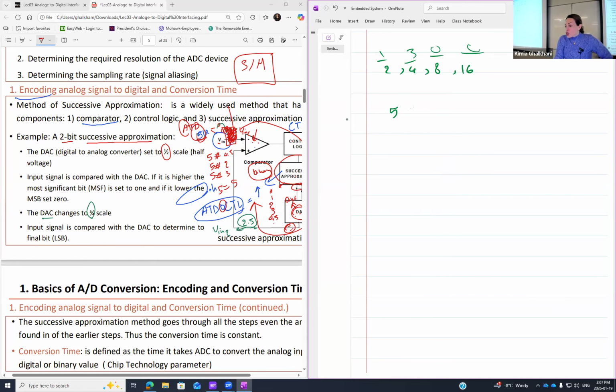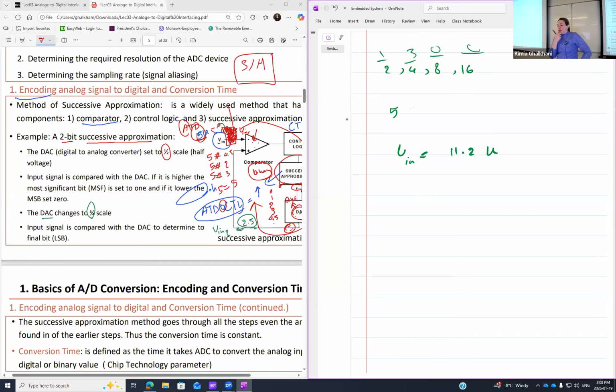So suppose I'm going to have, let me do one example. V in is, what I can use, maybe 11.2. I'm going to give it a decimal point, much easier to understand.